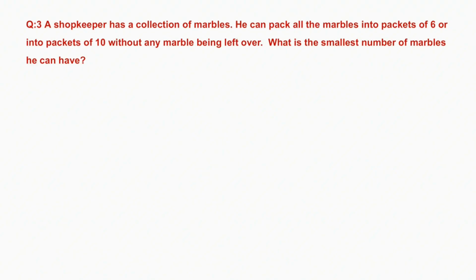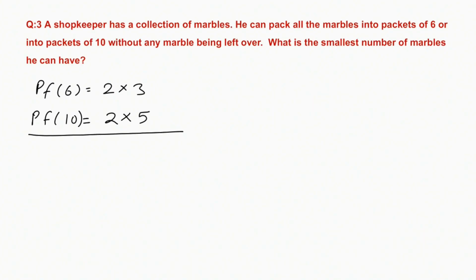So here we have our next example. A shopkeeper has a collection of marbles. He can pack all the marbles into packets of 6 or packets of 10 without any marble being left over. What is the smallest number of marble he can have? So here we will find the prime factors of 6, which is 2 times 3, and prime factors of 10, which is 2 times 5.